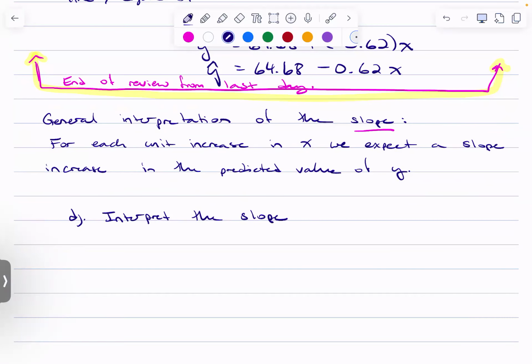What I want you to do is take the general interpretation and make it question specific, right? We have an x, we have a y, and we have a slope.